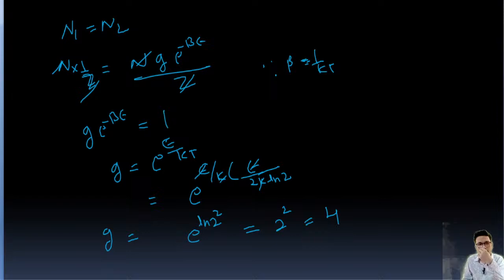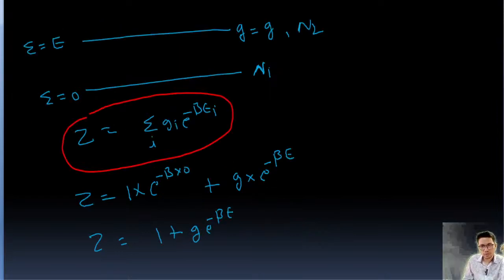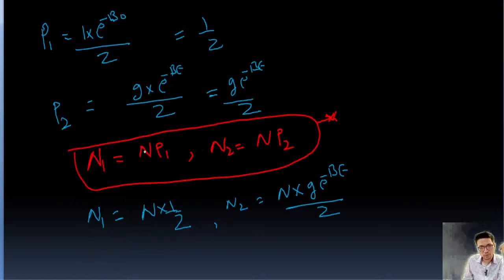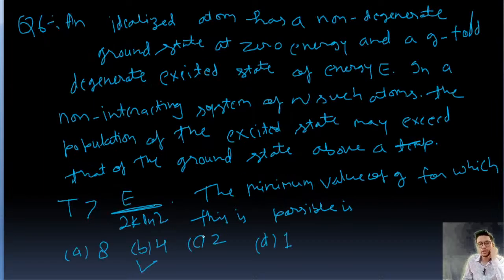What we have learned is the partition function. N1 equals N P1, total number of atoms into the probability for the ground state, and N2 equals N P2, right? And for the minimum value of g, N1 will be equal to N2, and we'll put T equal to epsilon upon 2k ln 2. Okay, so we'll get the required answer.